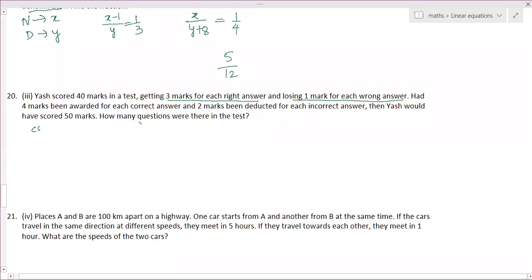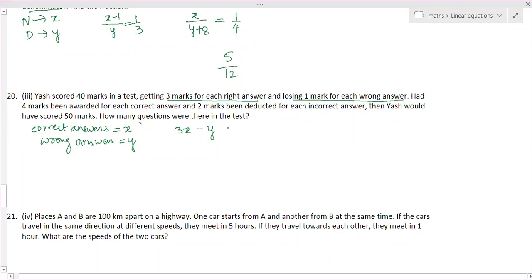Consider the correct answers as X and the wrong answers as Y. For each correct answer he gets 3 marks, so 3x. He loses 1 mark for each wrong answer, so we need to subtract: 3x minus y.